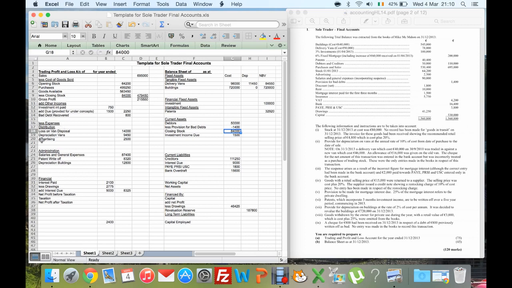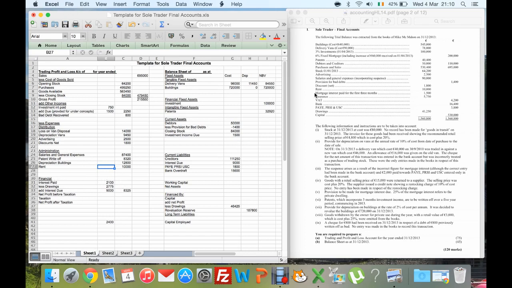So I'm going to put that in my distribution expense. Rent is 10 grand. That's administration. Mortgage we've dealt with. Put it in.